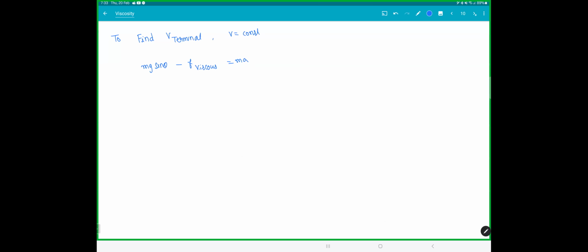So eventually you reach a constant velocity. Therefore, acceleration is 0. We get mg sin theta is equal to eta A v terminal by z. So v terminal is mg sin theta z by eta A. There, in one step you'll get an answer. Is that clear, everyone?